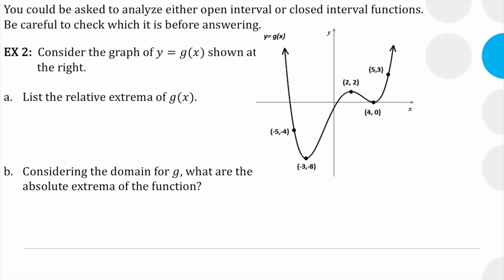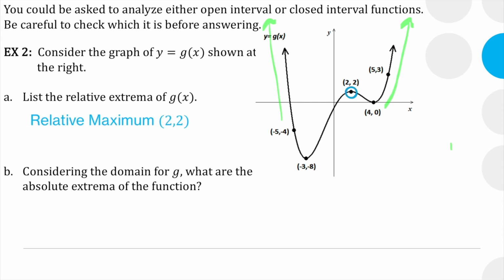You could be asked to analyze either open or closed interval functions. Be careful to check which it is before answering. For example, this graph just keeps going. So consider the graph y equals g of x shown at the right. List the relative extrema of g of x.